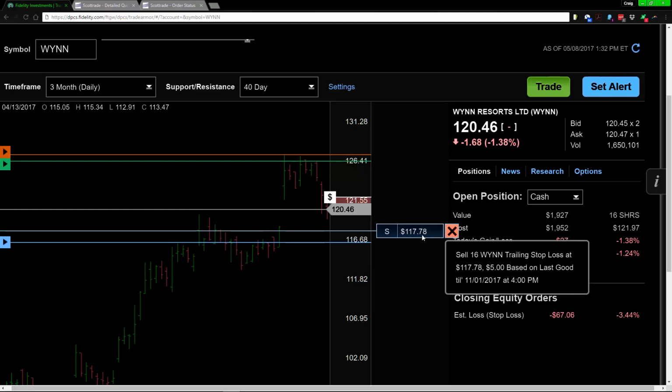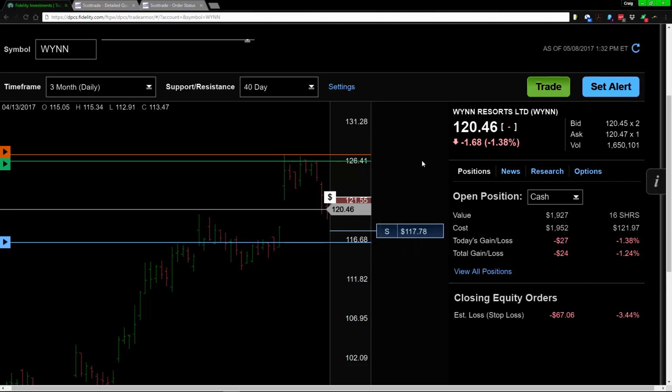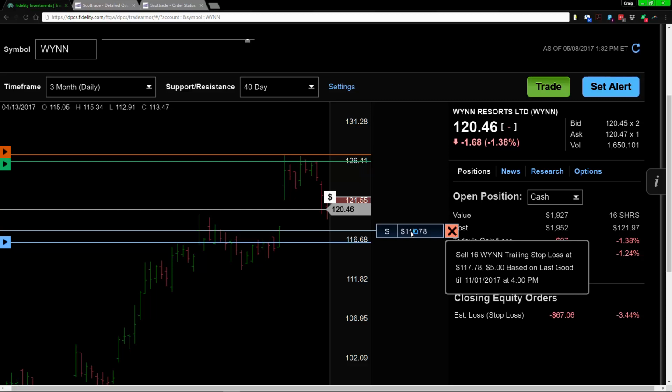And what that basically did is it took that 121.55 minus $5 and set the trail loss to 116.55. All right. So you might notice, okay, now the trail is going up to 117.78. That's obviously higher than what I set the loss at.